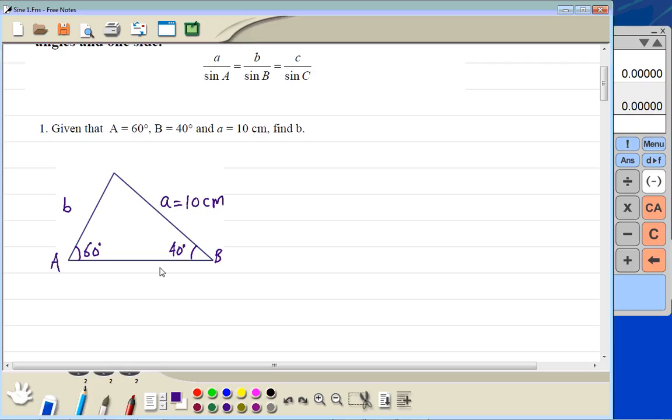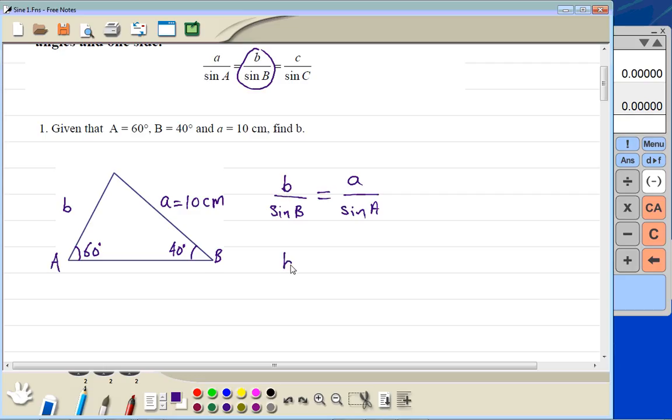So now we write the formula. Because we want to find side B, we write this part of the formula first. So B divided by sine of angle B is equal to side A divided by sine of angle A. Now because we want to find B, you can do a bit of algebra and make B the subject.